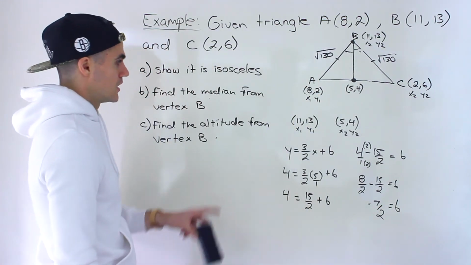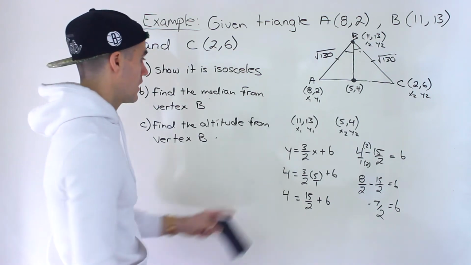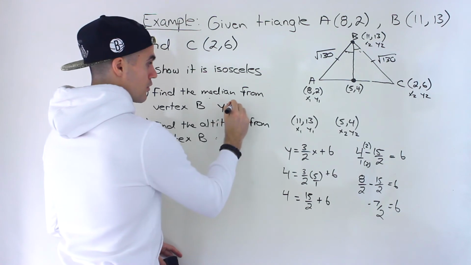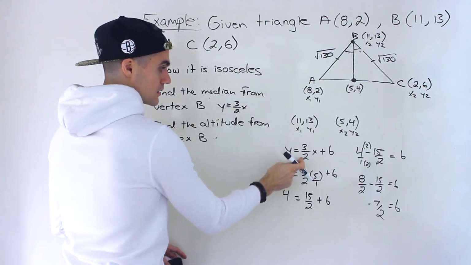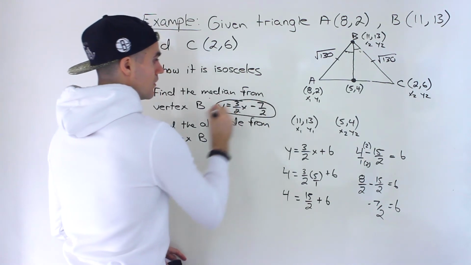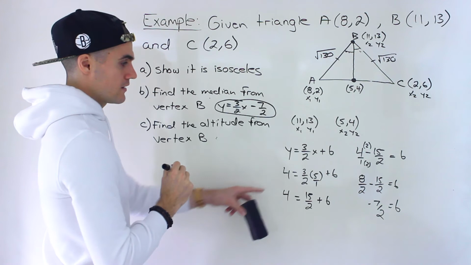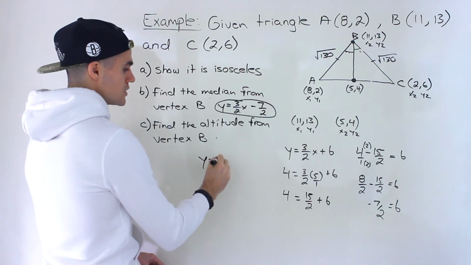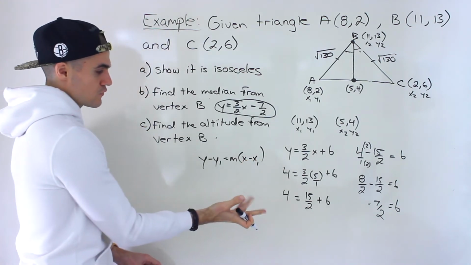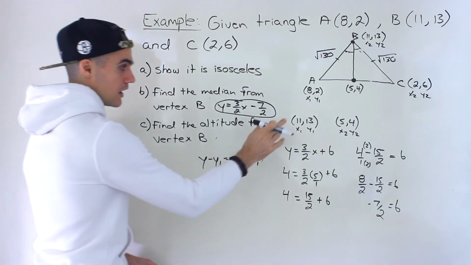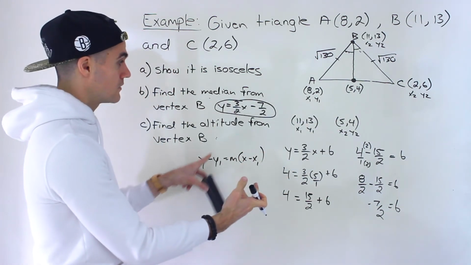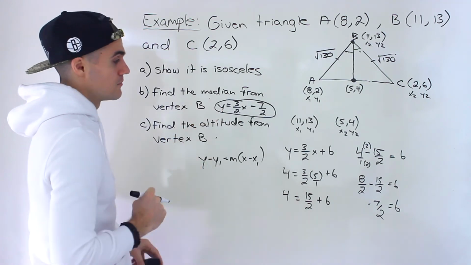So the equation of the median here ends up being y equals 3 over 2x, the slope, minus 7 over 2, the b value. That's the equation. And by the way, another way to go about it, if your teacher expects this or you prefer this way, is you could also use this formula where you plug in the slope, plug in one of these coordinates for x1, y1, and bring everything to one side except for the y value. You should end up with that same equation.